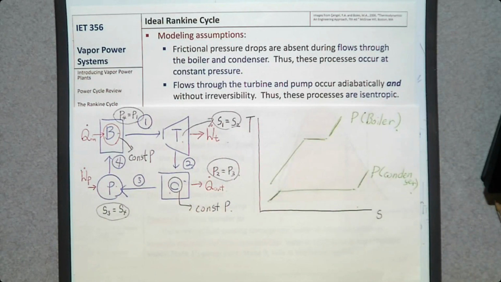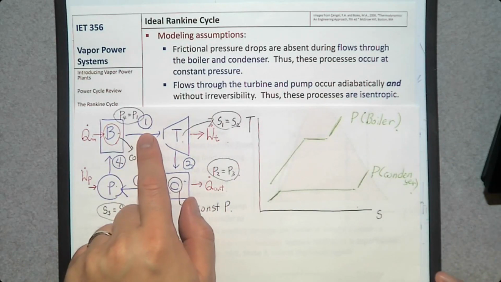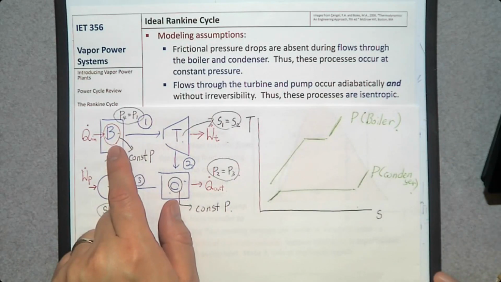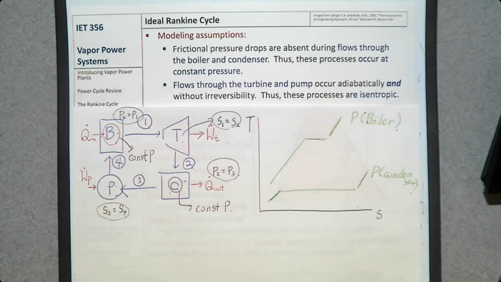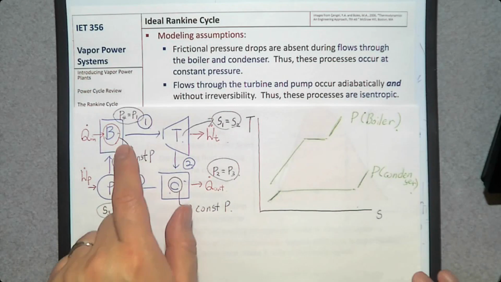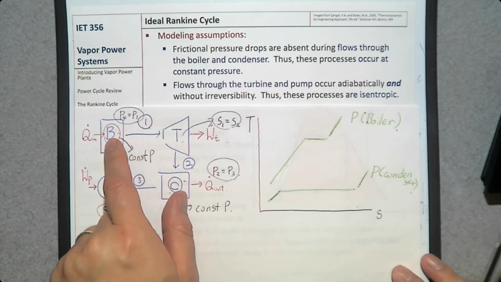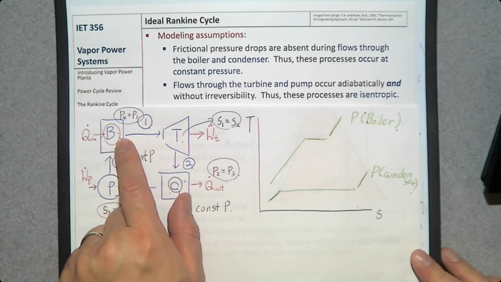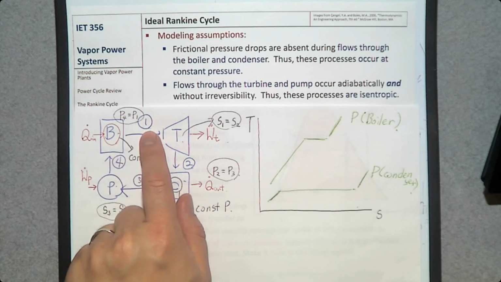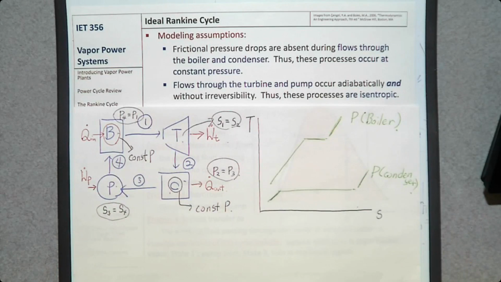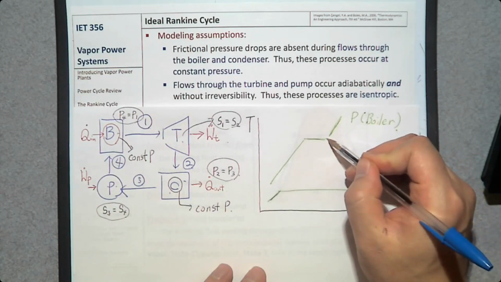Our assumption is, let's start with number 1. After this boiling process, what happens? Water becomes steam. And once it becomes steam, it exits the boiler. So the phase change process of number 1 is going to be right after its evaporation, which is saturated vapor.